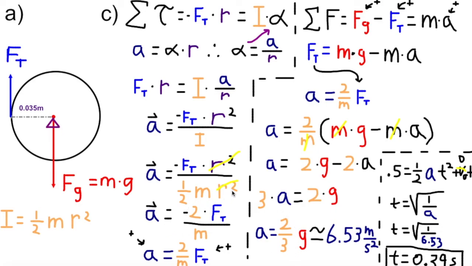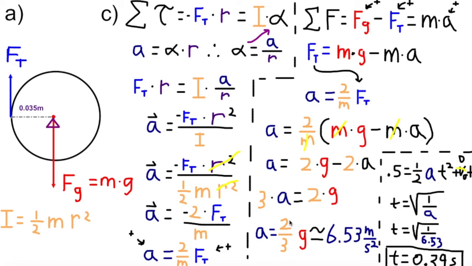It wouldn't, however, work for a thick-walled cylinder, because for the thick-walled cylinder we have the parentheses r1 squared plus r2 squared. So the r's wouldn't cancel out anymore. But for many of our shapes, the r's would cancel out, and we would just get some proportion of gravity as our acceleration.